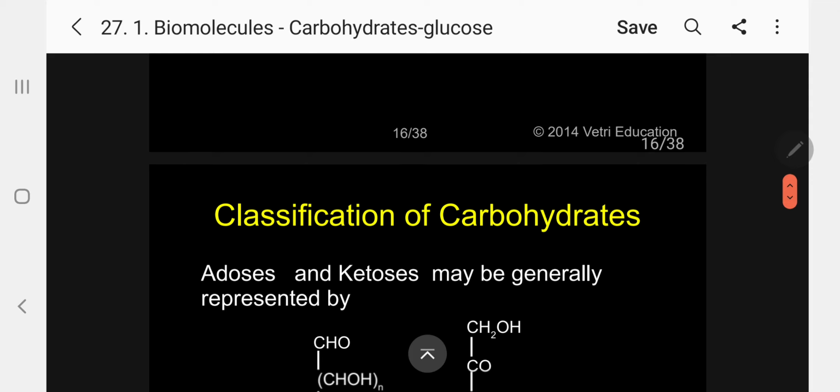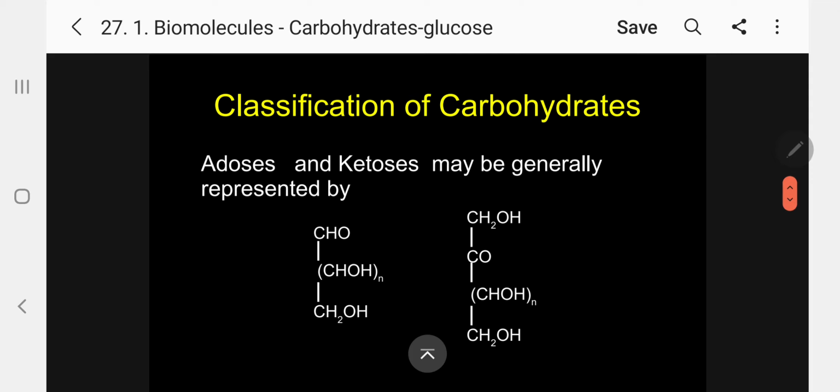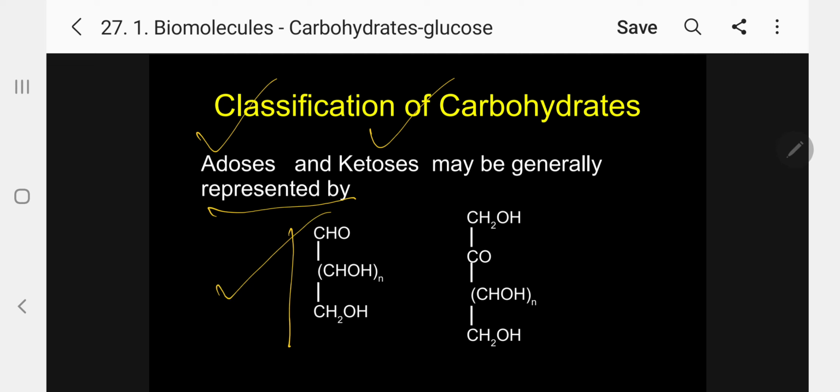Kindly follow. Now, the general formula of aldoses and ketoses may be represented this way. Simply write at the top CHO, the next (CHOH) n times, then CH2OH. So this is the aldose, any aldose. N equal to 1 is triose, n equal to 2 tetrose, then pentose, hexose, etc. In the same way, ketoses can be represented generally by CH2OH-CO, which should compulsorily be there.